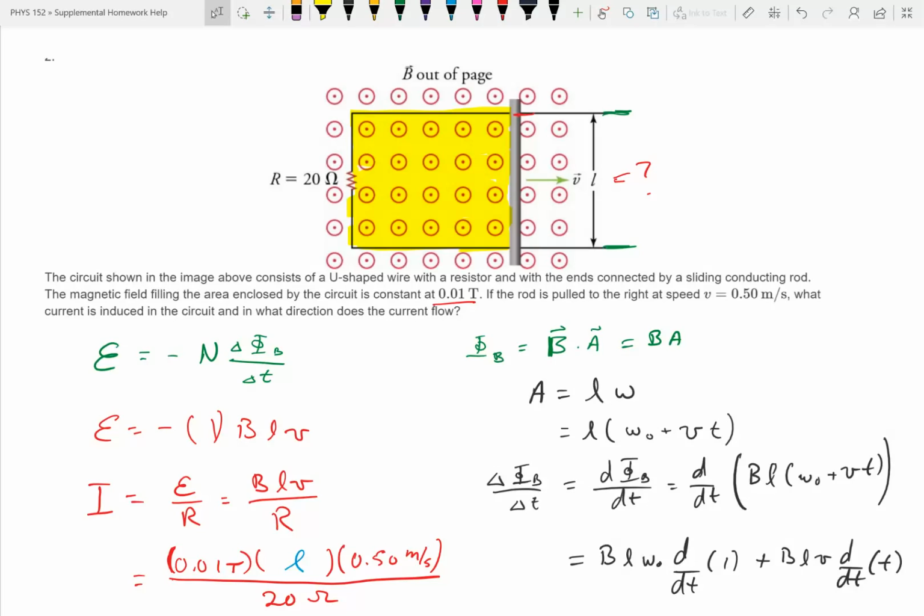Okay, so Faraday's law of induction. Yep, I understand that. Okay, Lenz's law. Manifestation of the conservation of energy.